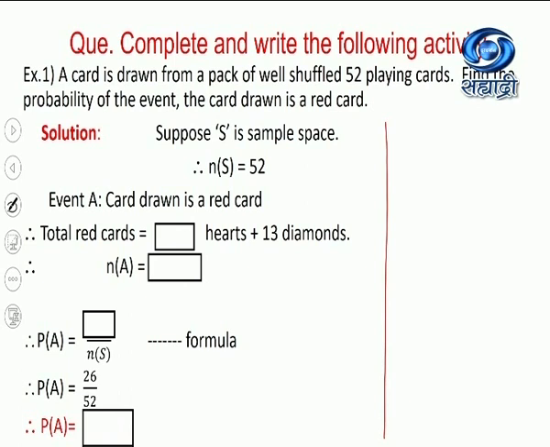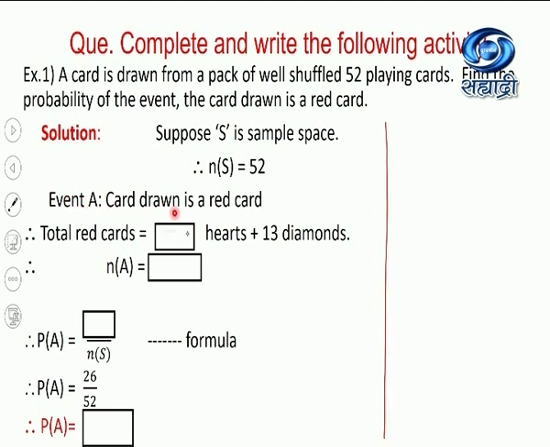Okay, so now let me read out the example. A card is drawn from a pack of well-shuffled 52 playing cards. Find the probability of the event that the card drawn is a red card. Now solution, suppose S is the sample space and N of S is equal to 52. Already it is given. You need to simply copy this.